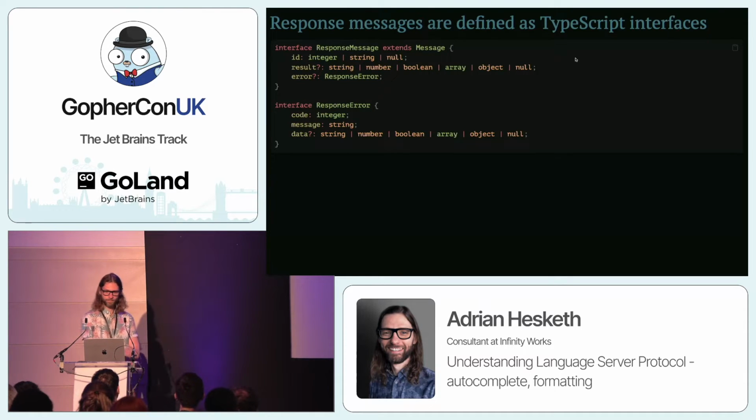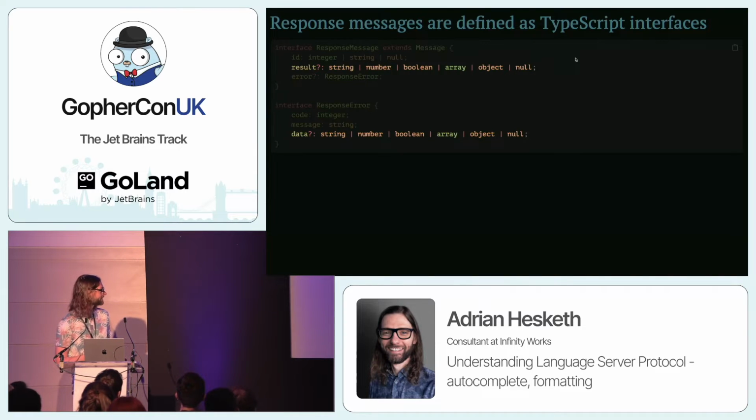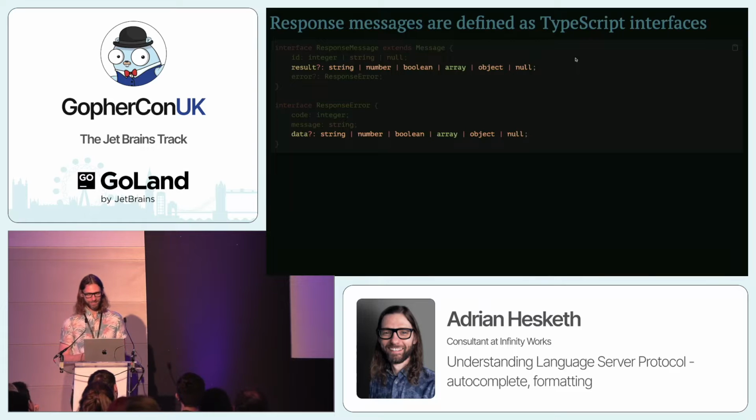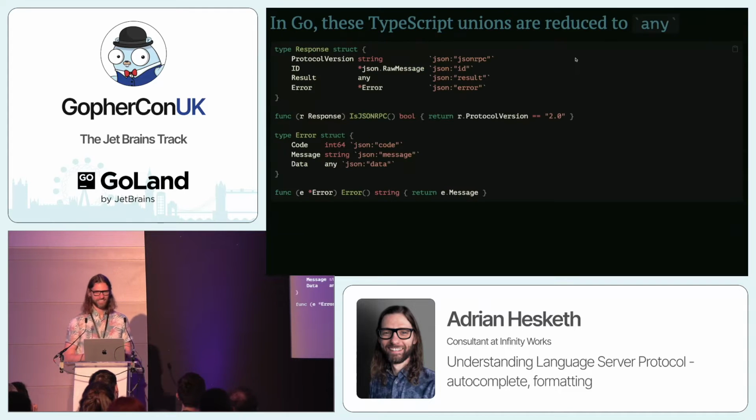So yeah, the response messages are also defined as TypeScript interfaces, and I did say it would get worse. What this means is the result is quite flexible. It could be null, but it could be a string, number, Boolean, array, or an object. So what that really means in Go terms is any, right?